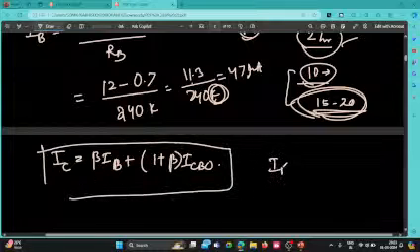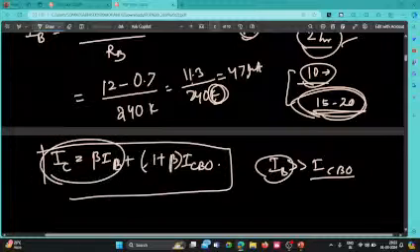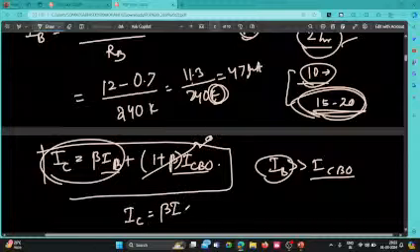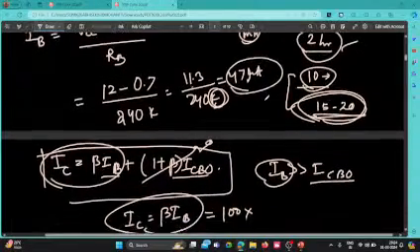And if IB is very much greater than ICBO, I can directly ignore this part. So IC is equal to beta IB. Is it alright? IC is equal to beta IB. Beta is 100, so 100 into IB, which we got as 47 microampere.